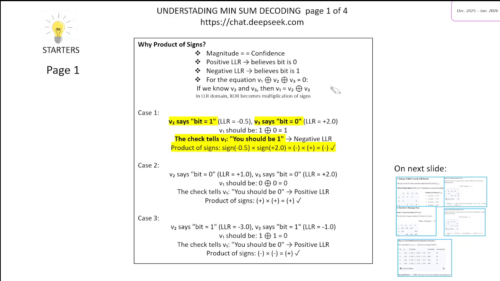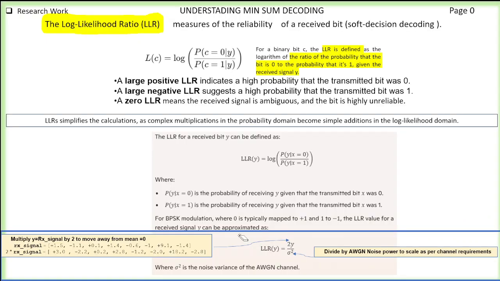I have explained this in a previous video with a slide. With that slide I explained what the log likelihood ratio is and why log is taken, so that division becomes simple subtraction, easy for computer systems to compute, and how it is practically used.